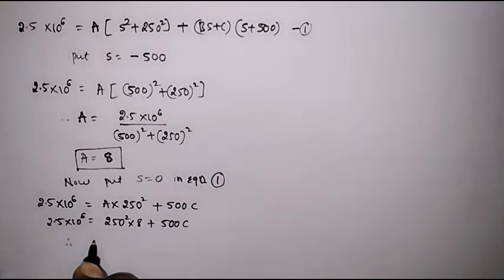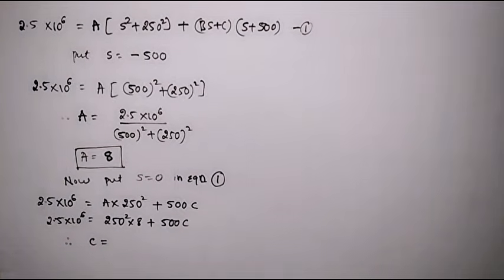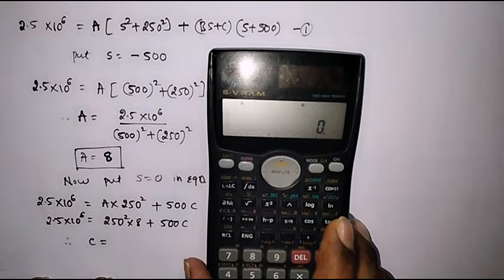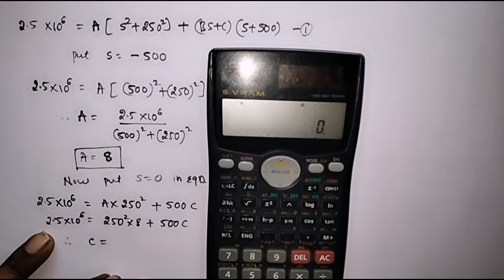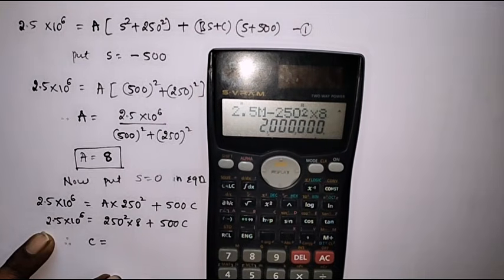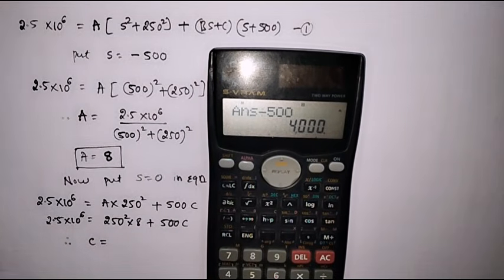Now with the help of this we can calculate c value, that is on left hand side 2.5 mega, that is 10 raised to 6 minus 250 square into 8 is equal to divided by 500, so which gives c equal to 4000.